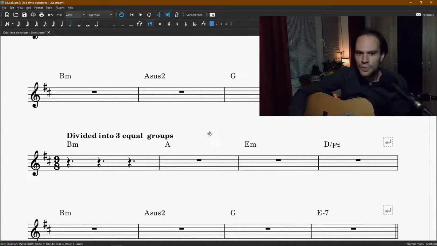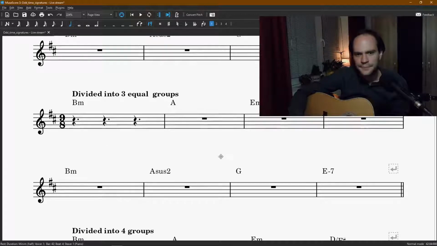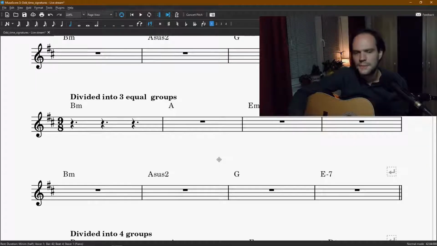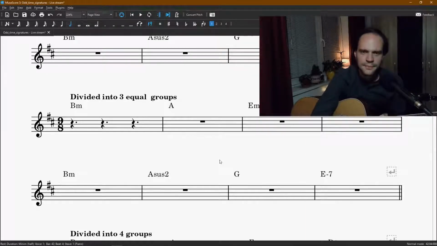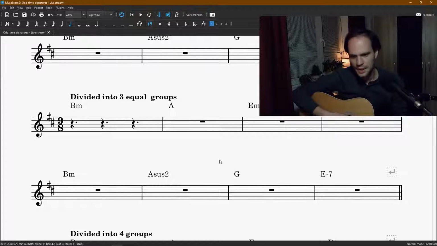And now I come to another one, which I wrote down here. This is 9/8 time signature. 9/8 is a little bit of an oddball, because it occurs quite a lot in classical music, for example that piece from Wagner, which is also in 9/8.